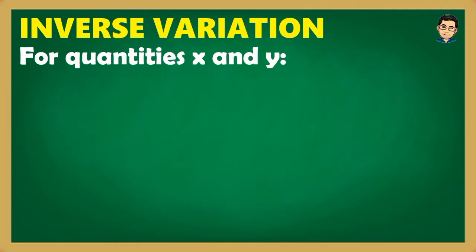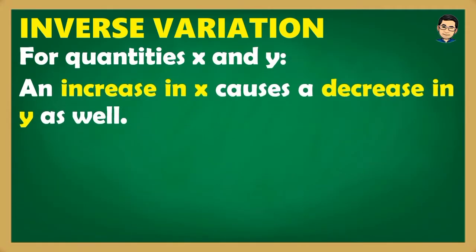So, for quantities x and y, an increase in x causes a decrease in y as well. As the value of x gets larger, the value of y gets smaller. Unlike in direct variation, where as the value of x increases, the value of y also increases.